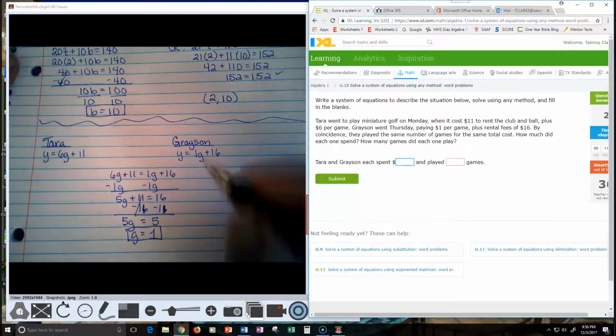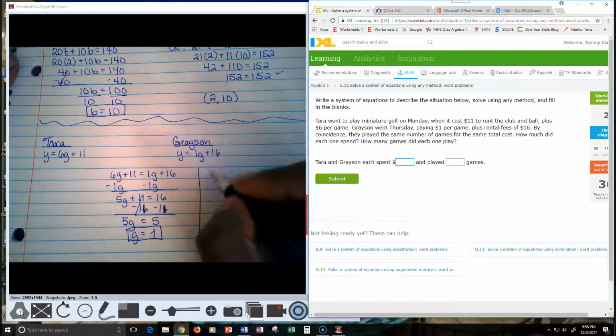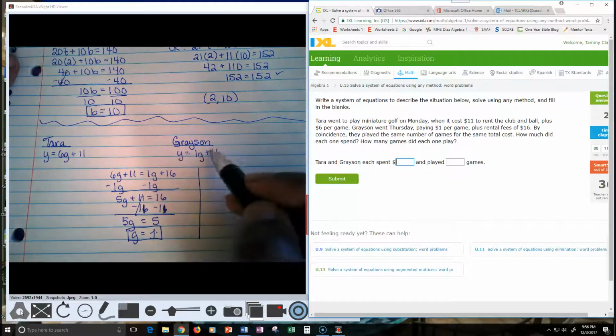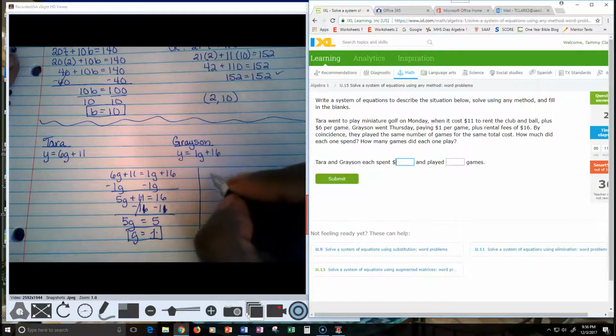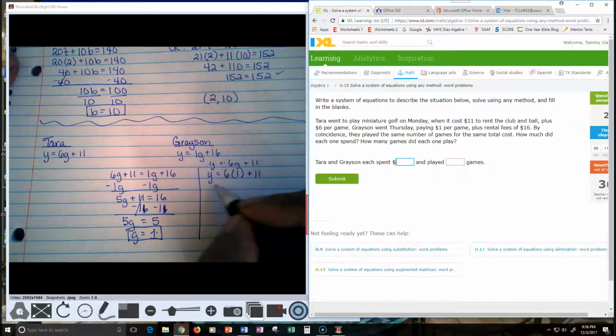So now that I know g, I can go ahead and put this information in either Tara's equation or Grayson's equation. So I'm going to use Tara. That's y is equal to 6 multiplied by 1 plus 11. So y is equal to 6 plus 11.